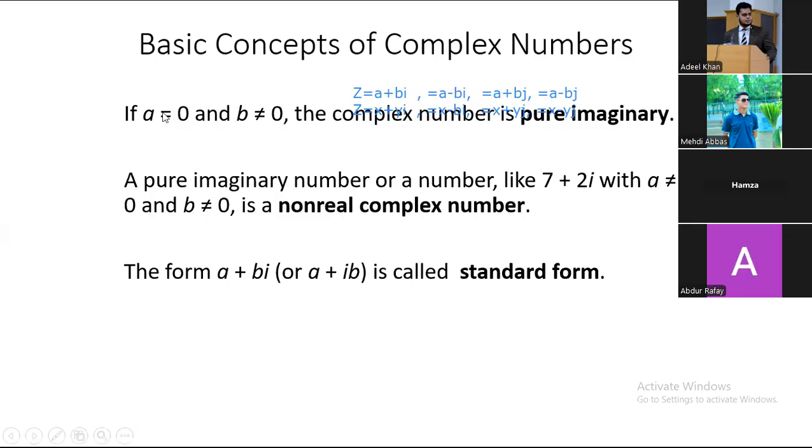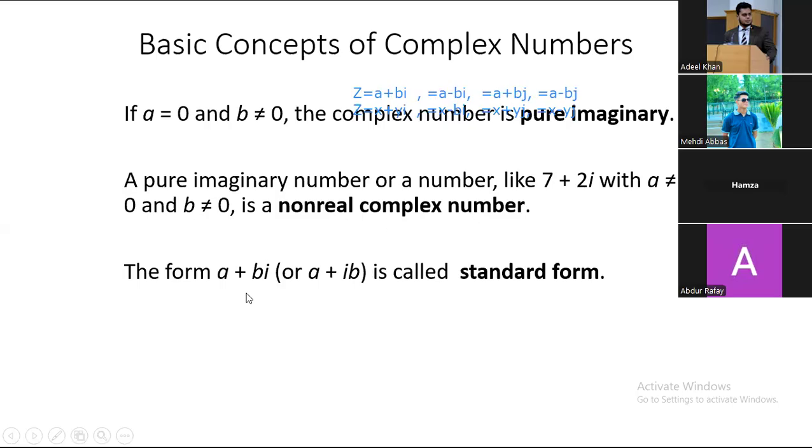If A equals 0 but B is not equal to 0, then the complex number will be purely imaginary, a pure imaginary number. If A and B are both not equal to 0, then it is a non-real complex number.